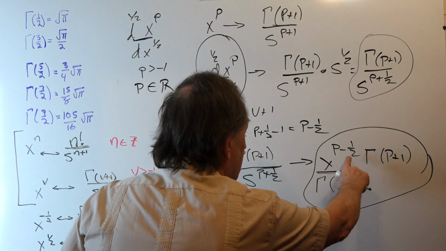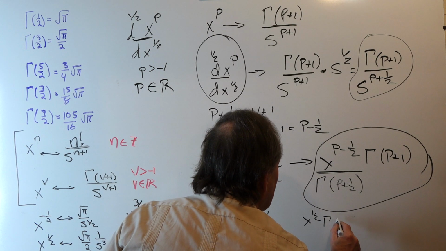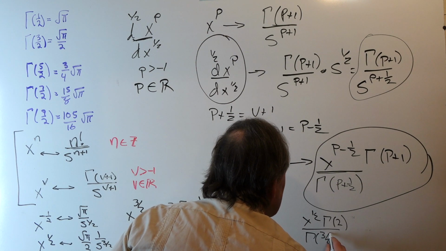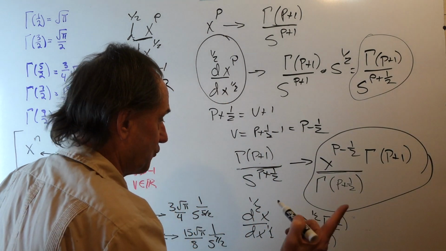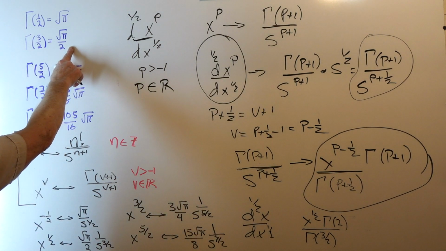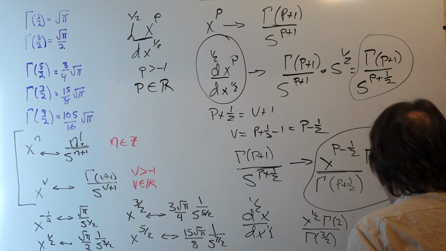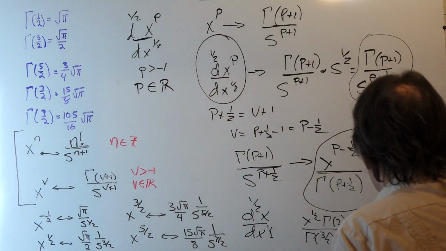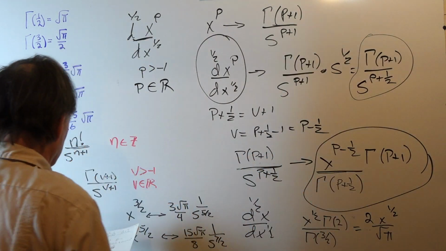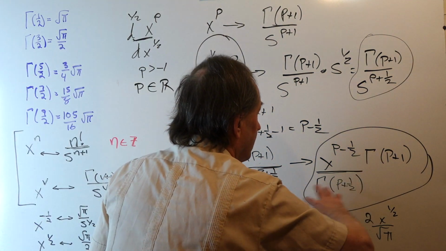In that case, we get x to the 1/2 times gamma of 2 over gamma of 3/2. Well, gamma of 2 is 1. Gamma of 3/2 is square root of pi over 2. So then this becomes x to the 1/2, and gamma of 3/2 is square root of pi over 2, so we bring the 2 on top. And that's what we just calculated before. So it checks out.